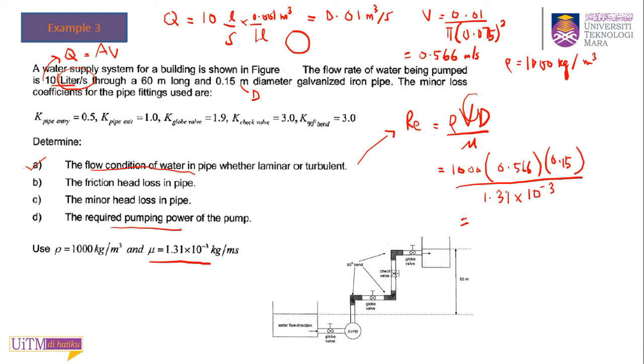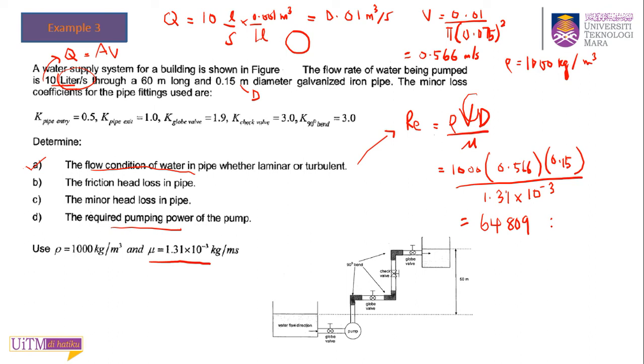If you calculate this, 1000 times 0.566 times 0.15 divided by 1.31, you get the answer equal to 64,809. This value is bigger than 4,000.